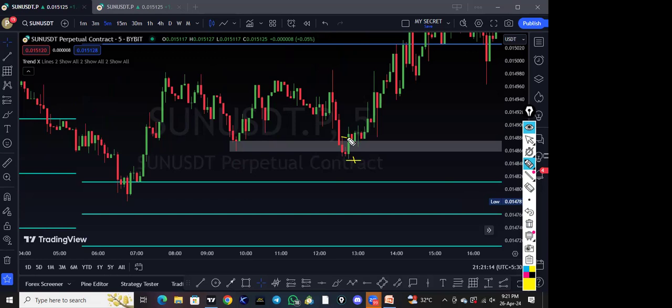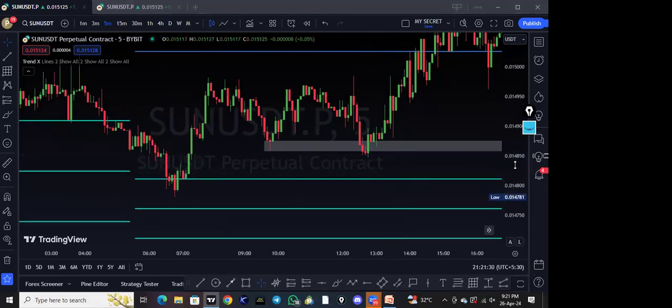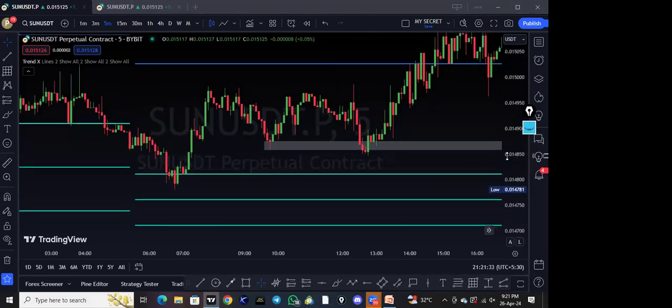If it's not coming, then what to do? Because before this it made one low here. You can try here in this case. For that reason I'm showing all the support and resistance.